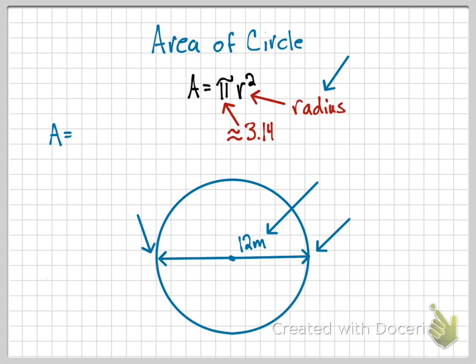So if I'm going to use this formula, I first just have to get the radius, and I know that the radius is just half the diameter, so it would be equal to 6 meters. So that's what I'm going to use, 6 meters for the formula. So I'm going to just put pi times 6 squared. 6 squared is 36 times pi.